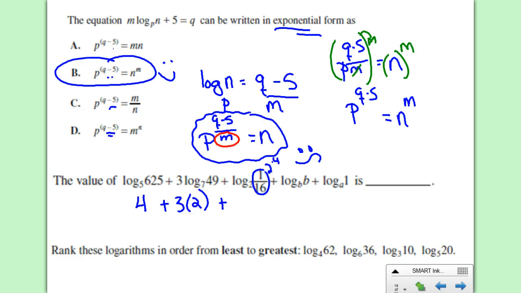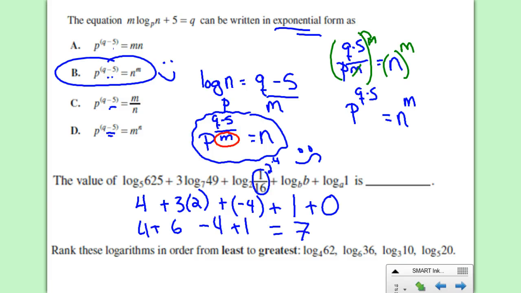So the log of that is minus 4. What's the log of b base b? The only way that can happen is 1. And what's the log of 1 to any base? That's 0. If we add all this up, we end up with 4 plus 6 minus 4 plus 1, which equals 7.